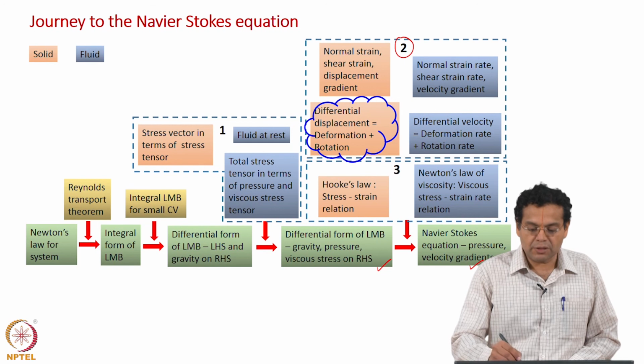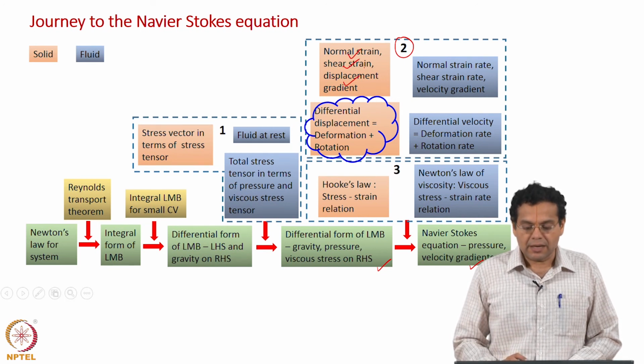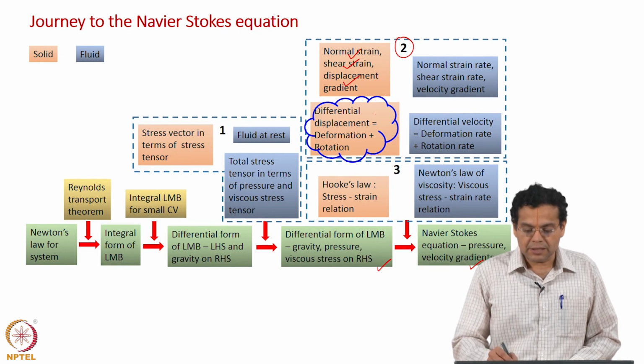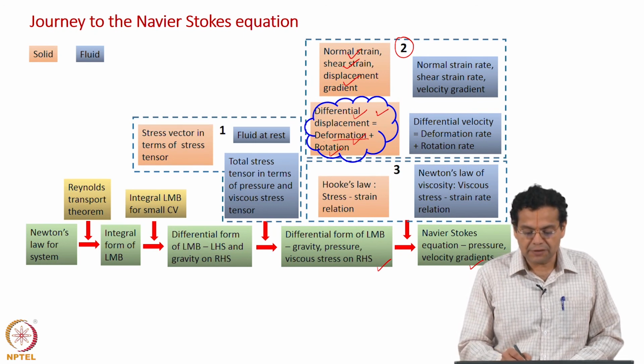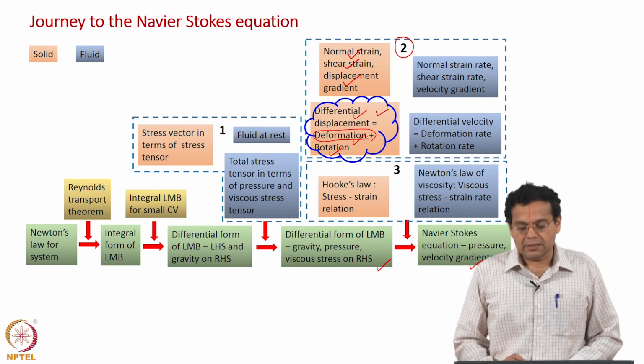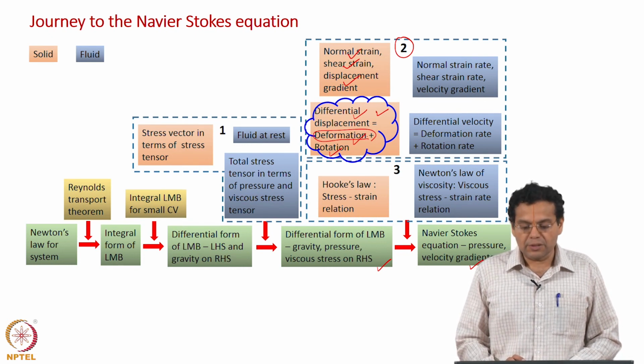First we understood normal strain, shear strain, rotation, displacement gradient, and now we understood this particular block which says differential displacement is equal to the deformation plus rotation. The reason is that this deformation, or the strain tensor alone, is important for us to relate to stress.